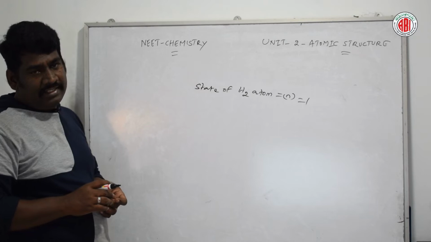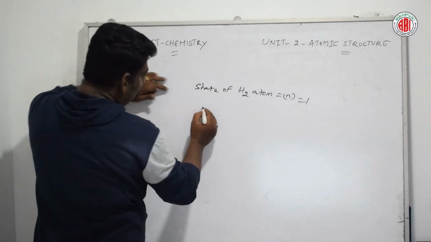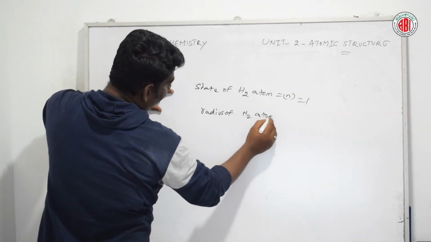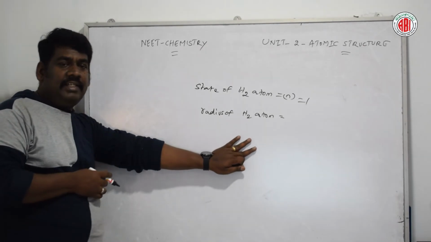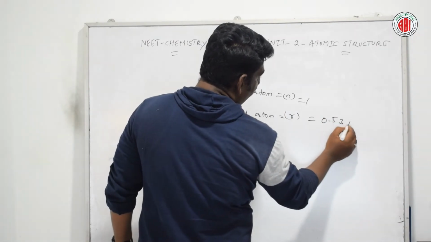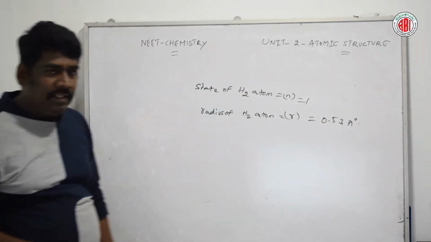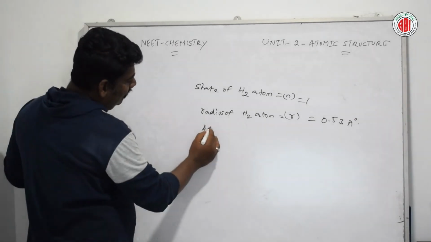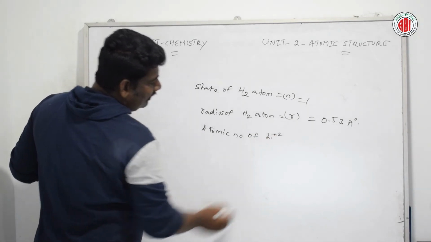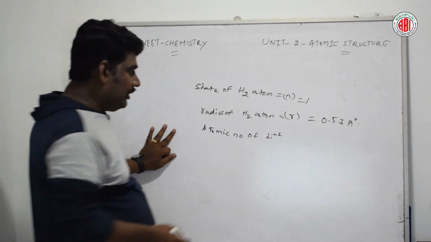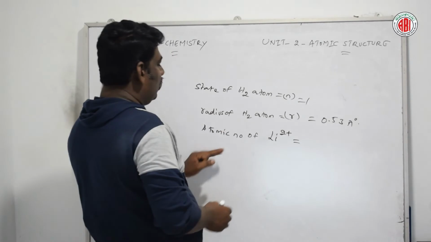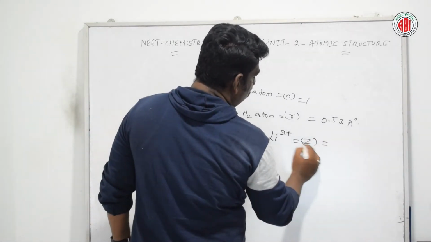Now the radius of the hydrogen atom given in the question is 0.53 Angstrom. The atomic number of the lithium 2 plus ion is Z equal to 3.